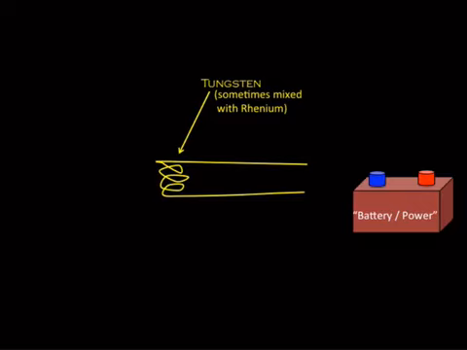So a current is applied across the filament and heats it up. And even though it's considered a small current, it still gets really hot. How hot are we talking about? Like 2,000 degrees, like super duper hot.